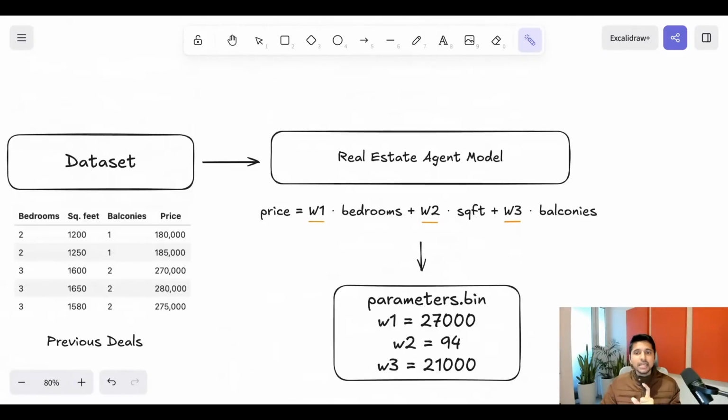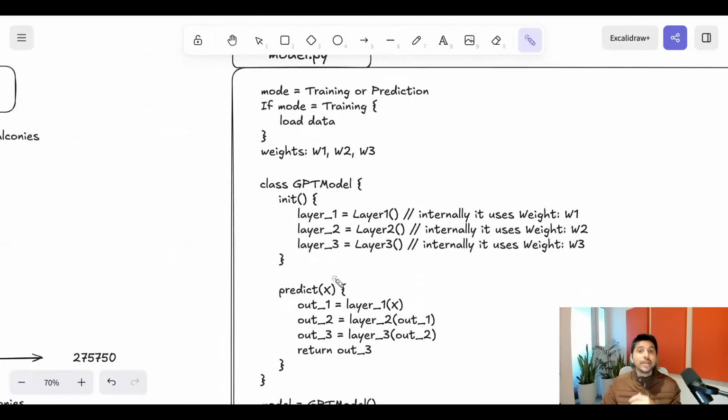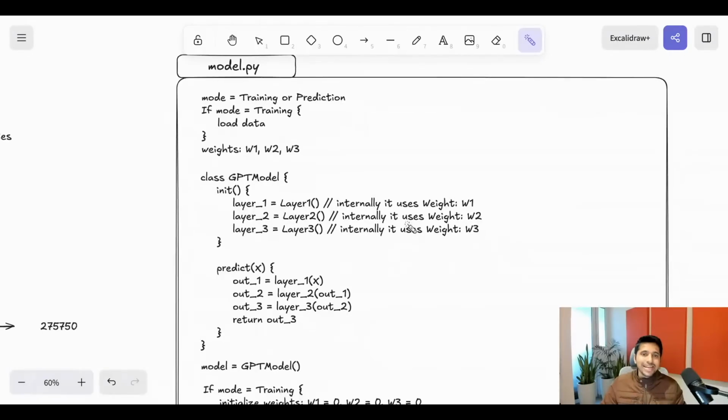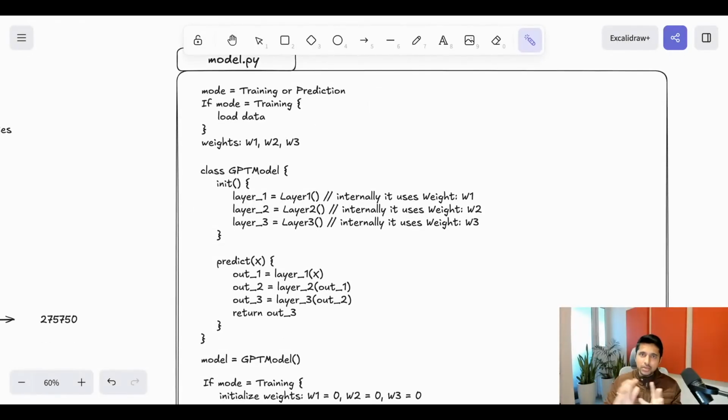So weights are those numbers which we get after the training process. Similarly, in a large language model, we get all those weights, w1, w2, w3. So your model.py will look something like this. It is just pseudocode I have written here to help you understand what happens in this model.py. You write some code like this. For example, you have only three weights, right? w1, w2, w3. So you initialize the weights with 0, 0, 0, something like that. And then you write some architecture, some code.